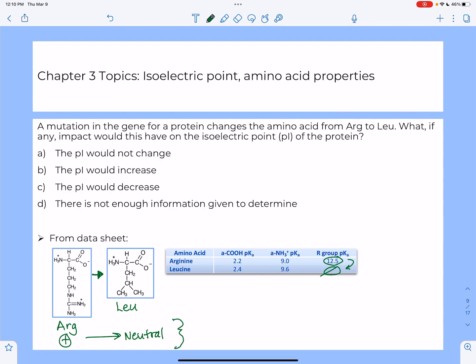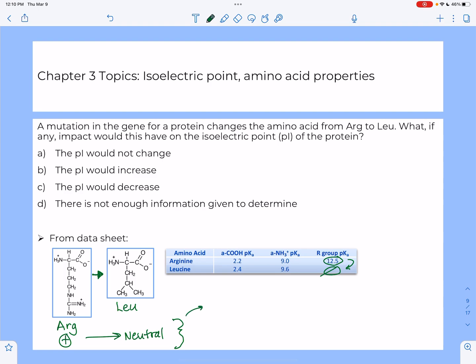So since the isoelectric point is defined by the fact that the molecule has functional groups that change their ionization state when you're moving around on the pH scale, then changing the nature of the side chain to something that is neutral and is not affected by pH is going to affect the isoelectric point.